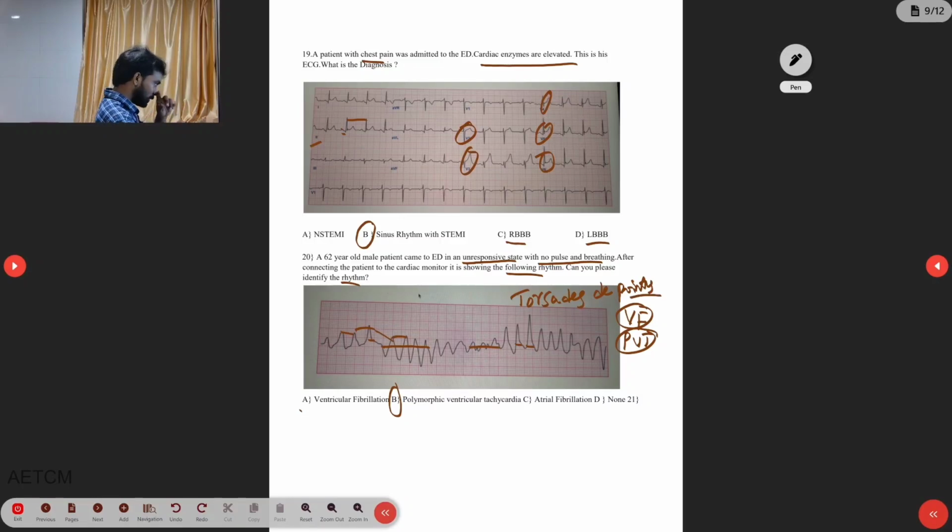If you see this rhythm in the ECG, and pulse and breathing are absent, apart from managing the cardiac arrest protocols, we have to consider IV magnesium sulfate, 1 to 2 gram IV over a period of 5 to 10 minutes. So the 20th question's answer is polymorphic ventricular tachycardia or torsades de pointes. The 20th answer is B.